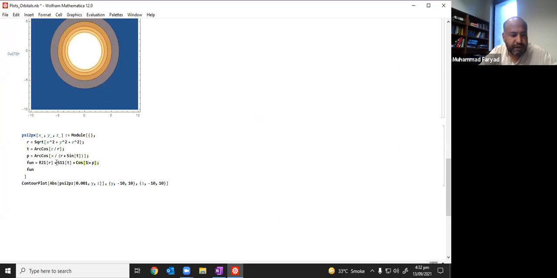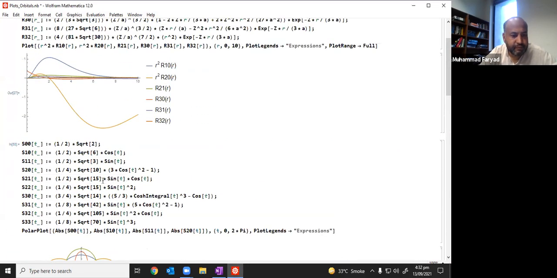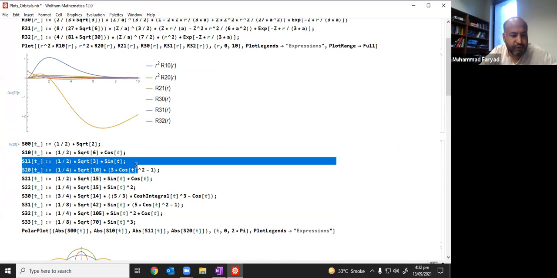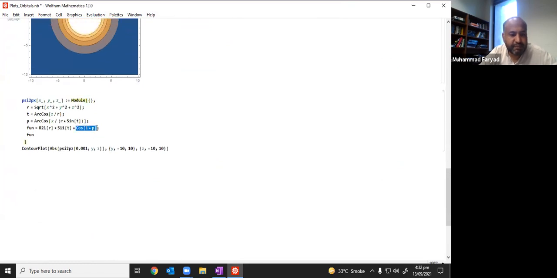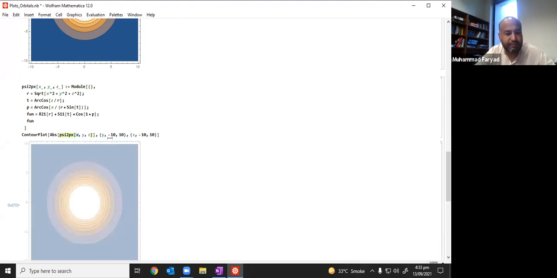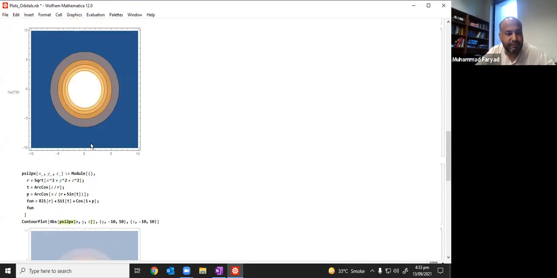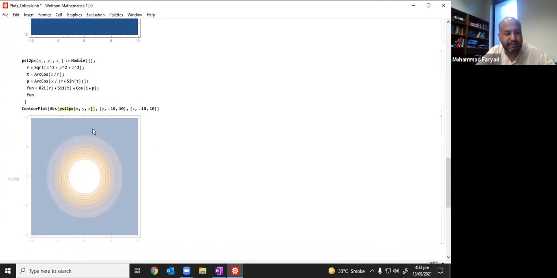So that sine theta is part of S11. So this S11 has sine theta in it. So this cos phi is coming because we created this px by adding the two functions. So this is symmetric in YZ plane now. Okay, and if I want to have, so in X, this was symmetric in XY plane, and this is symmetric in YZ plane.